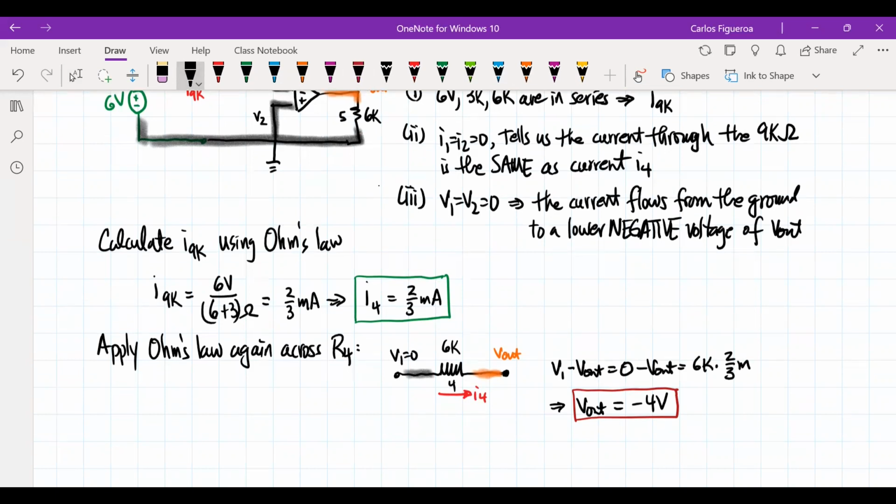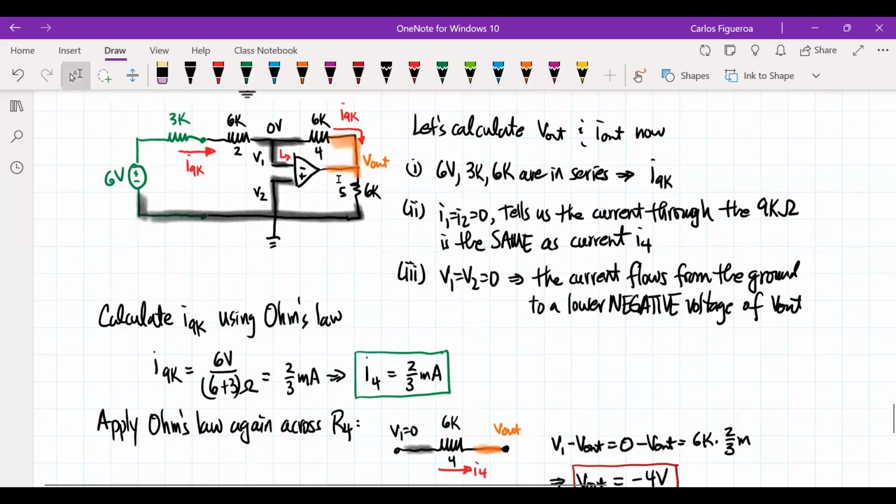So now what I'm going to do is apply KCL at Vout to determine Iout. Now, if you look at the op amp here, note that there's a branch right there.